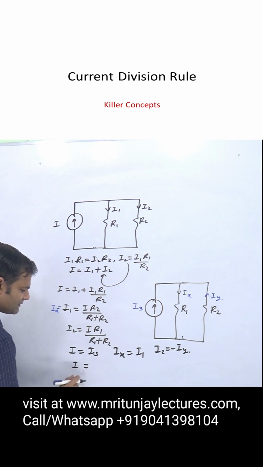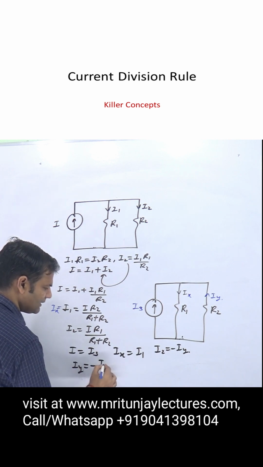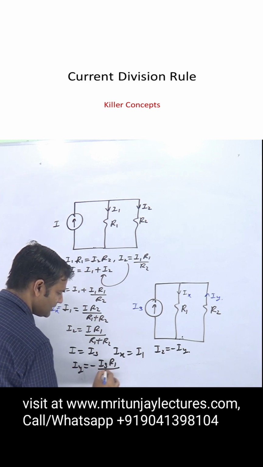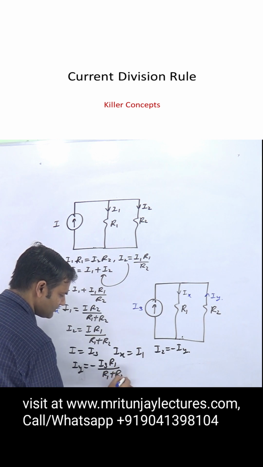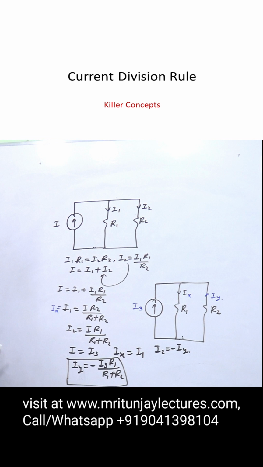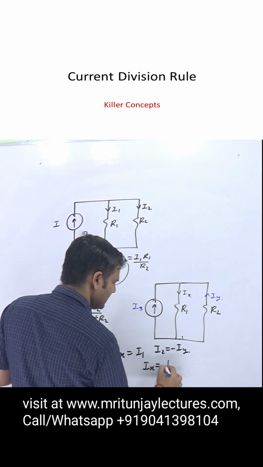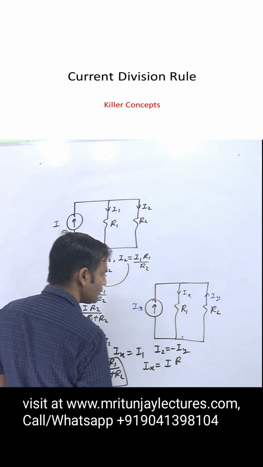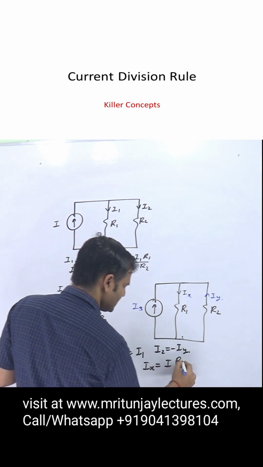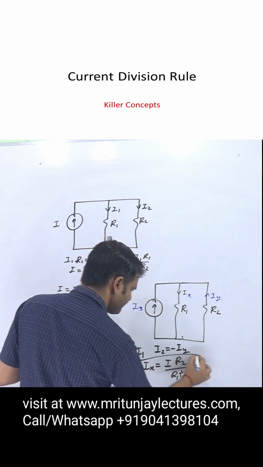Iy is written as, if you compare that one, minus of Is into R1 divided by R1 plus R2. Clear or not? Very simple. And what about Ix? Ix is I into R2 divided by R1 plus R2. Clear or not? Very simple.